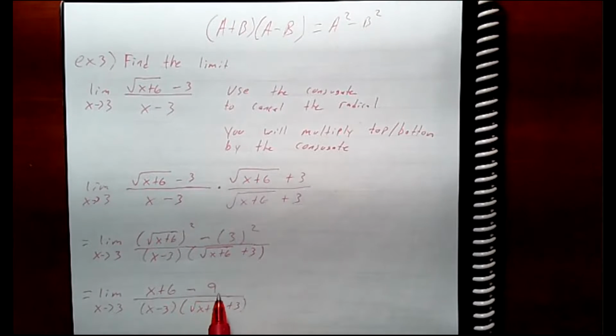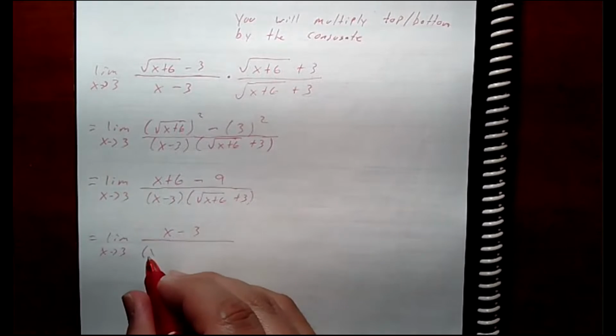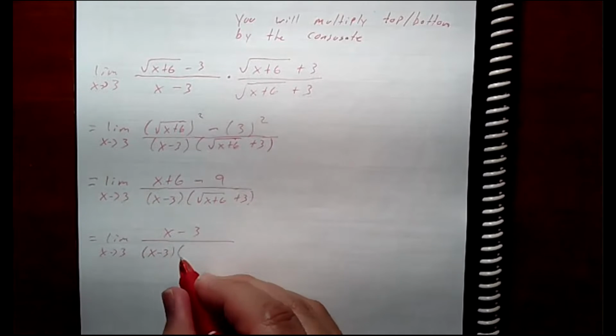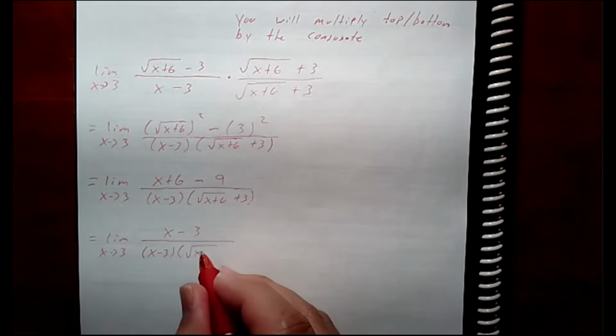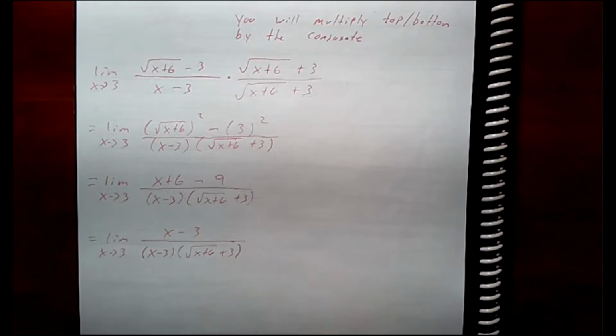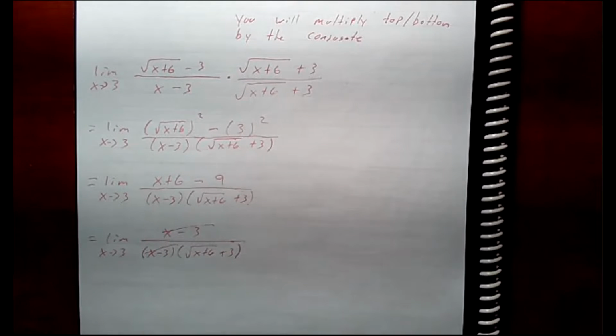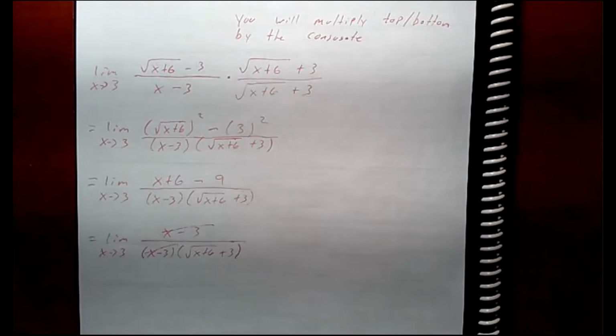So this 6 minus 9 is -3, right? This will cancel. Any questions so far on the algebra?